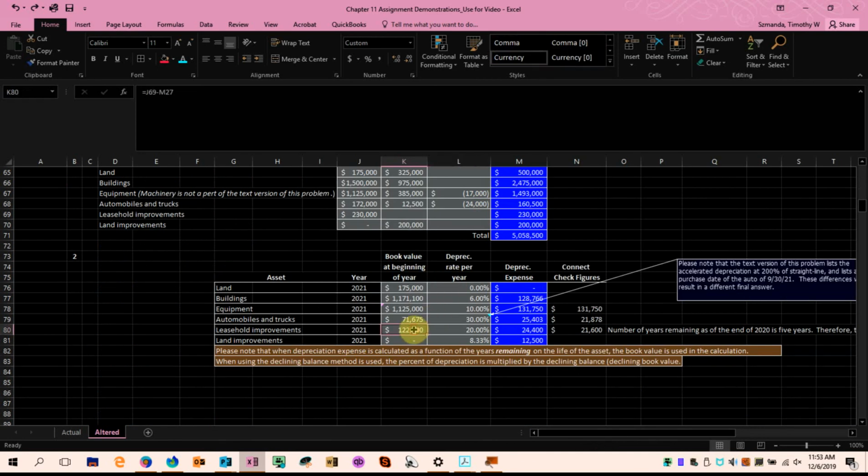However, in this case, they tell us that the lease was renewed, and it was renewed during the year. And so essentially we have another 5 years. We have 4 years new plus this year.